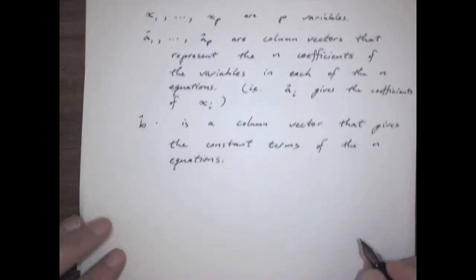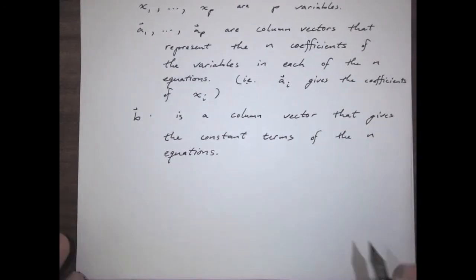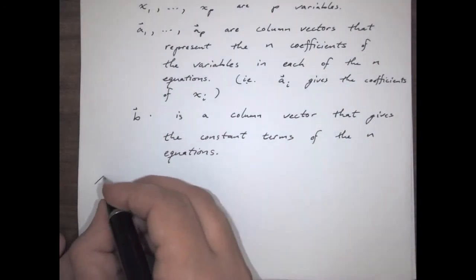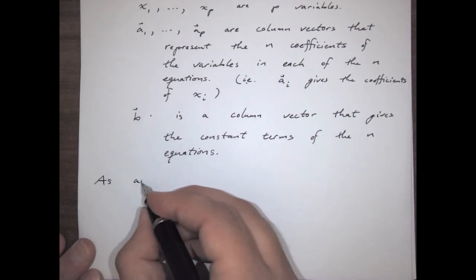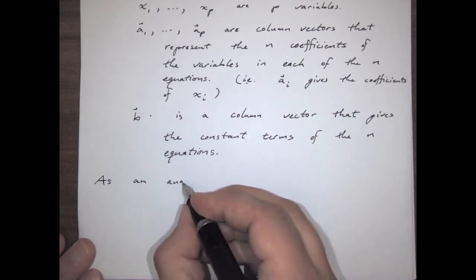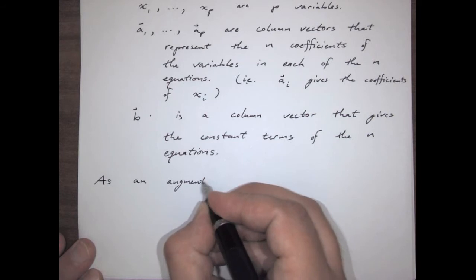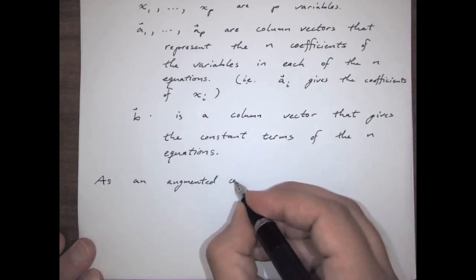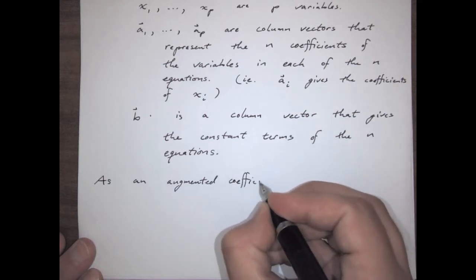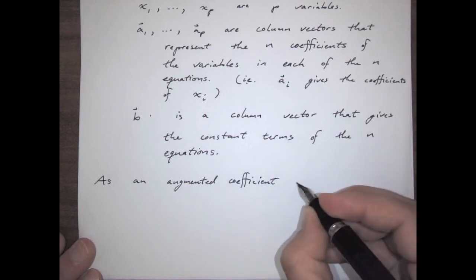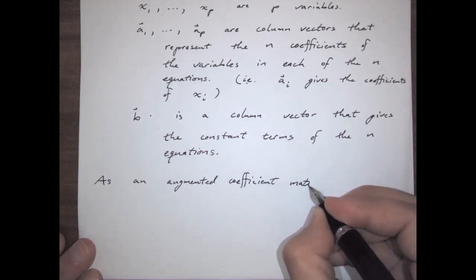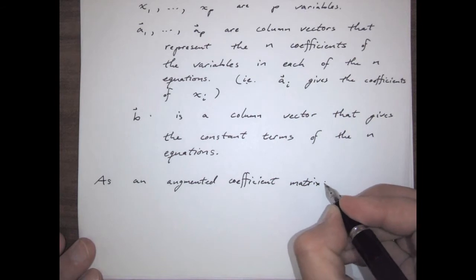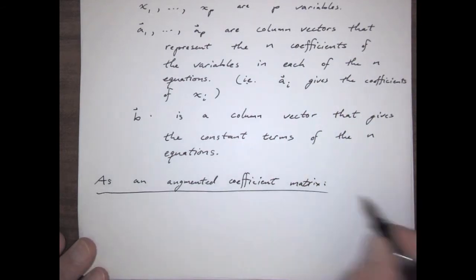Now, if we wanted to rewrite this as an augmented coefficient matrix, this would look like this.